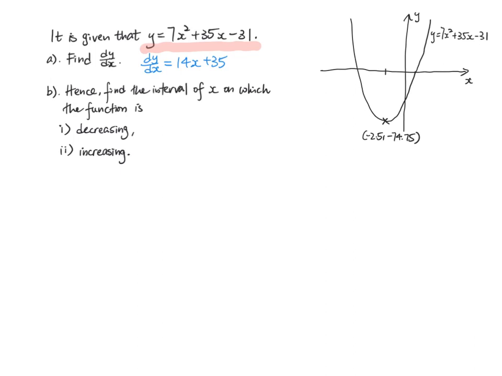Okay. However, if we don't have this graph, how do we make use of dy dx to find the answer here? Okay. Now, remember when we are talking about when the function is decreasing, that means its slope is negative.